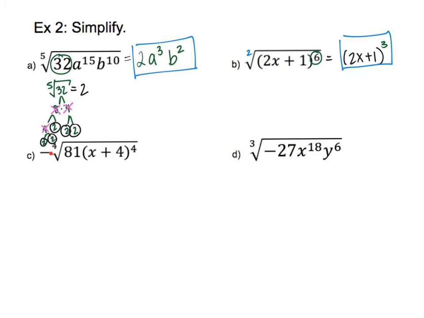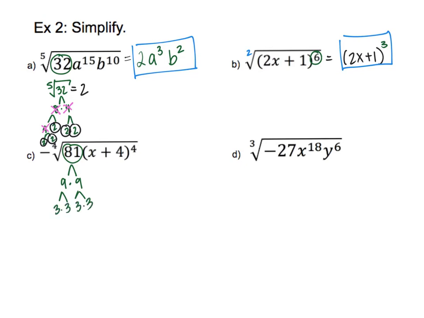Okay, so this next one here is negative 4th root of 81 times (x plus 4) to the 4th power. So first off, this is the 4th root, and so in this case, I have to take the 4th root of 81. So let's do that first. I'm going to do a factor tree again. Two numbers that multiply to give you 81 are 9 and 9, which are not prime numbers because they can be broken down as 3's, right?